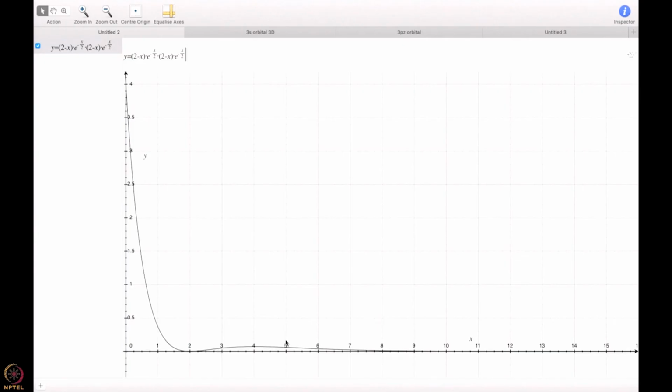But the moment I multiply it by the volume element, lo and behold, the apparently small probability density region turns out to be the region with much greater probability. So, this is what we have been trying to emphasize. Probability density is not the be all and end all. Probability really depends on the volume element as well. Of course, it depends upon probability density, but not just probability density.